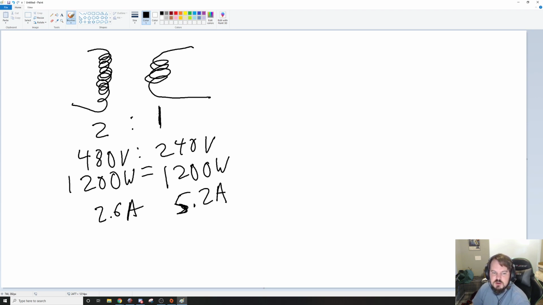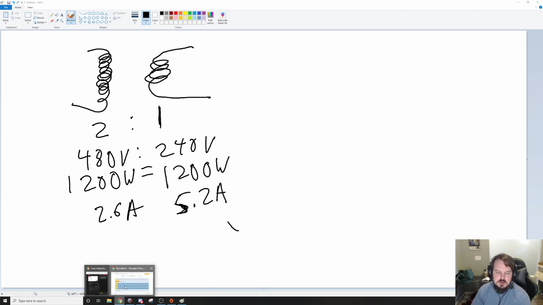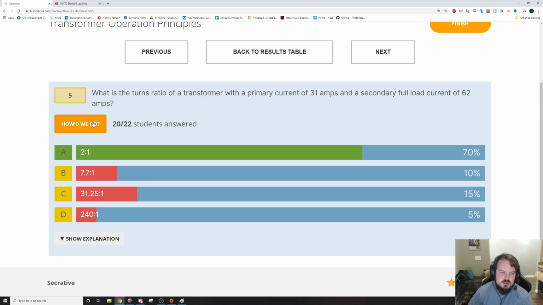So if it's a 2-to-1 ratio, your amperage is going to be higher on the lower voltage side because the voltage is what's changing, but it's having to keep up with the wattage. Back to the quiz, it's a 2-to-1 ratio. 31 to 62 is 2-to-1, and that's the only one that's actually reasonable in the answer choices.